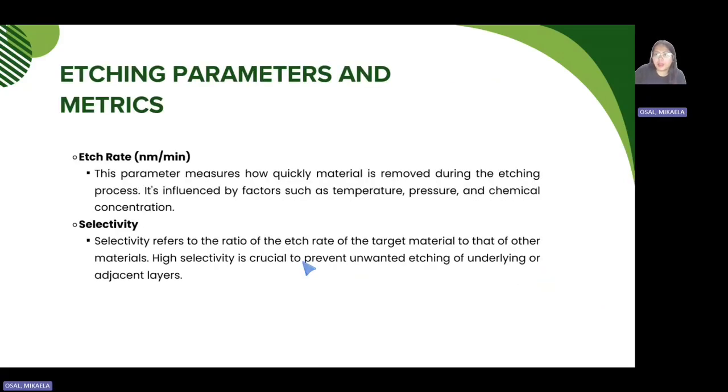So several key parameters define an etching process. The etch rate determines how fast material is removed, measured in nanometers per minute. Selectivity refers to how much more readily one material is etched compared to another. This is crucial when etching through layers with protective masks.